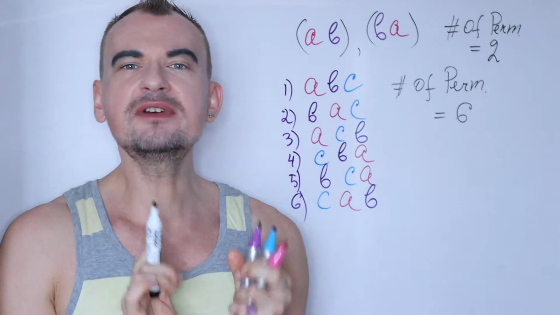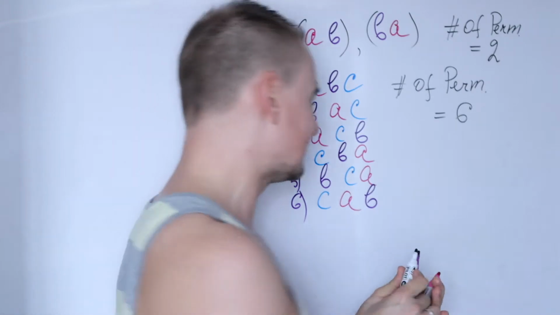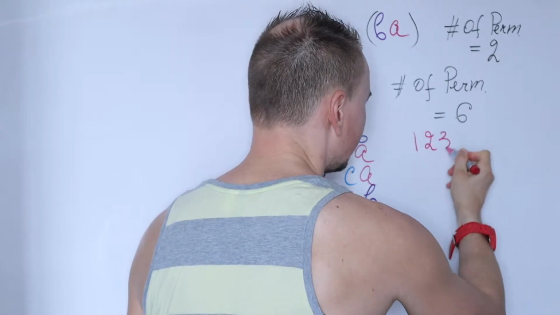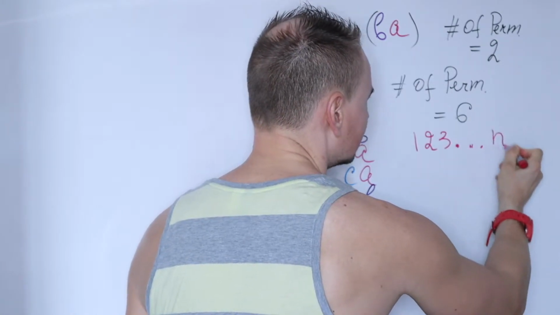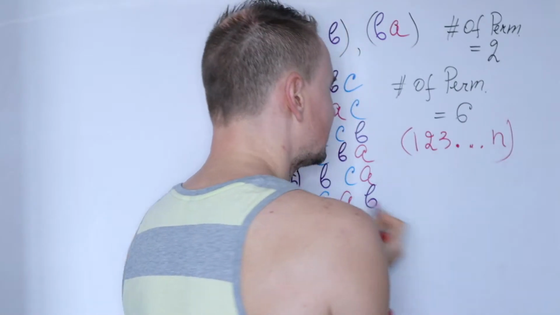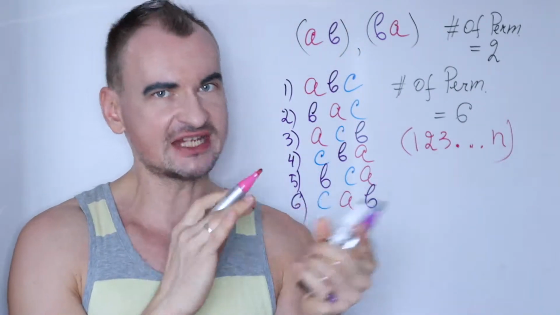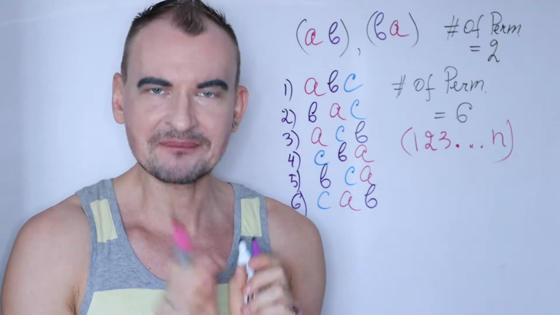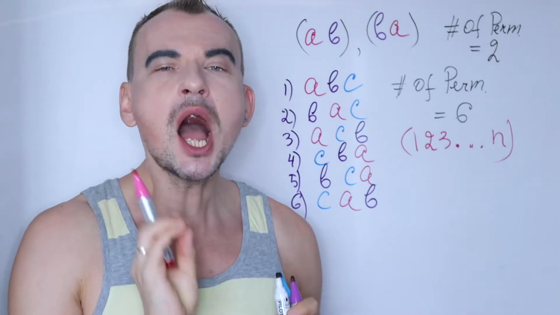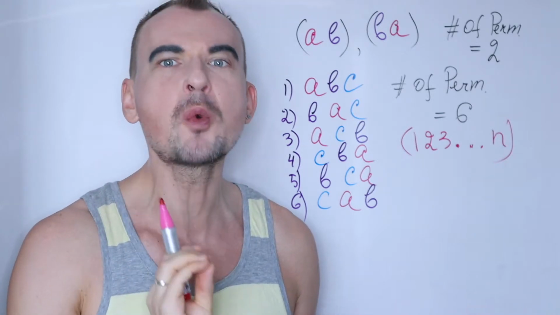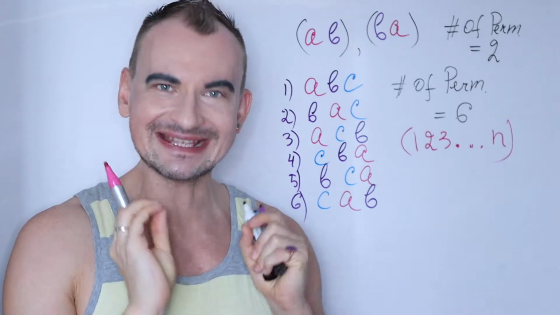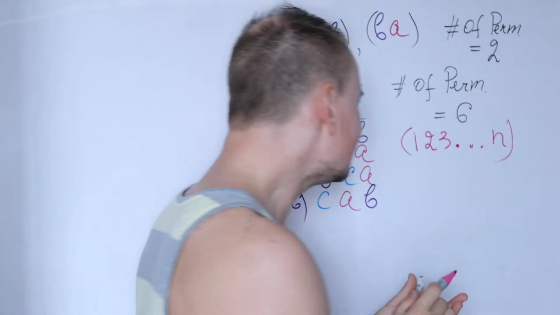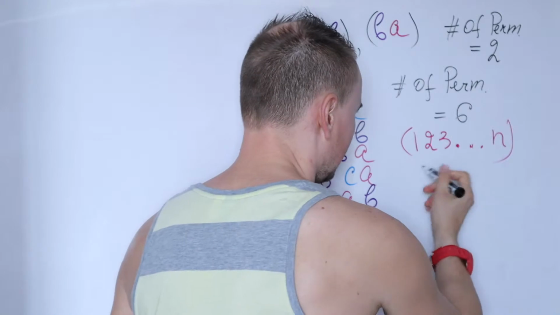Now, say you have been given something like 1, 2, 3, all the way up to n. So you have n different things and different objects, or you could treat them as numbers, whatever. Now, the question can be raised: how many permutations exist for a set of n elements? And the answer is n factorial.